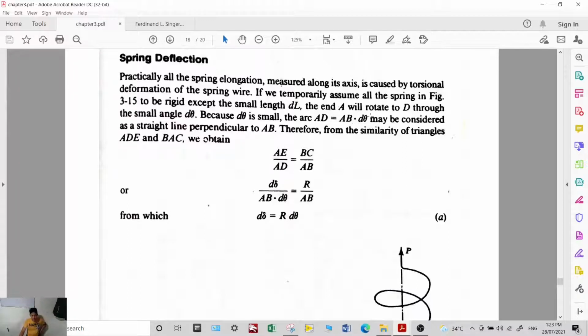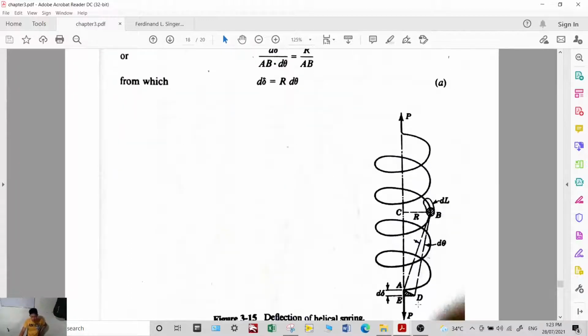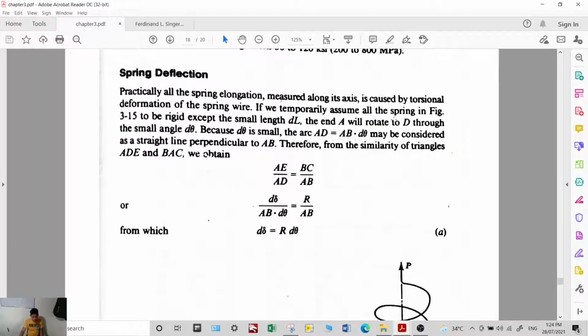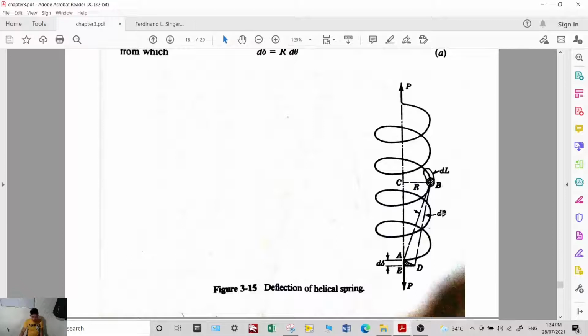The end A will rotate to D. So, kung pag-inat ni, tuyok ni. Ang A, maabot dire sa D, through the small angle d theta.